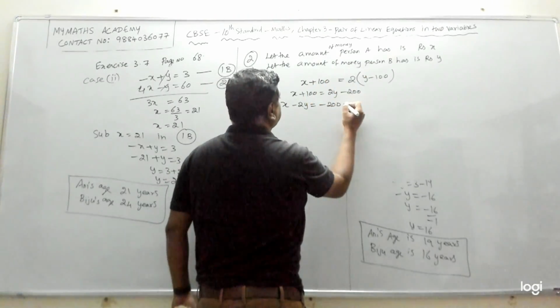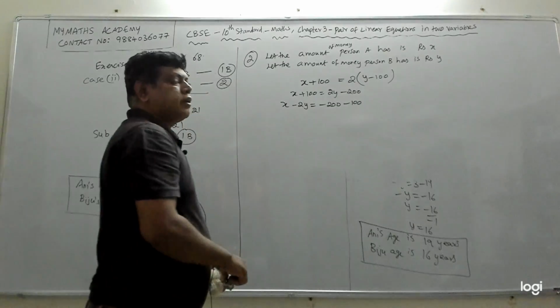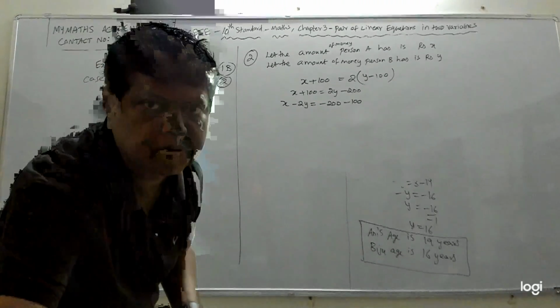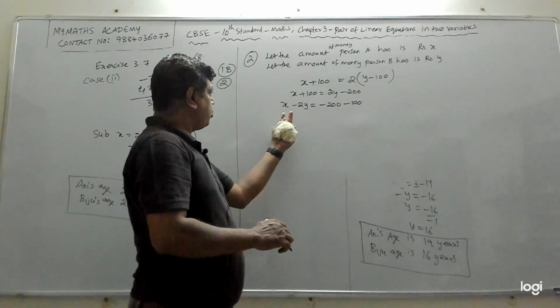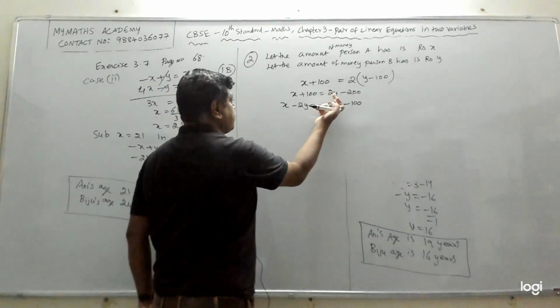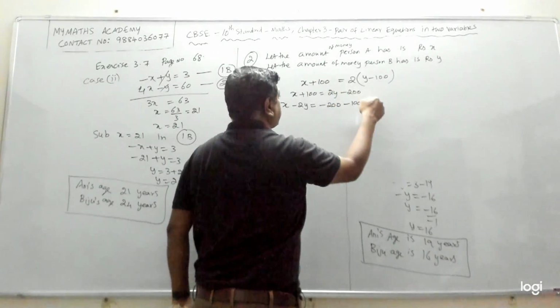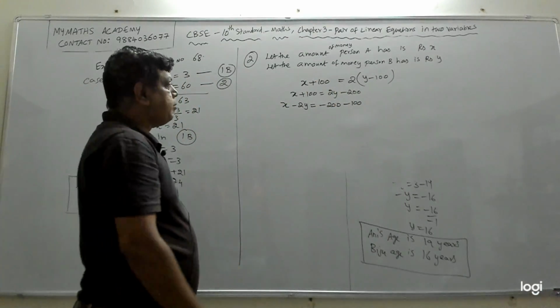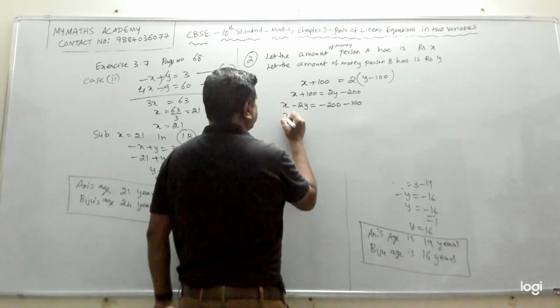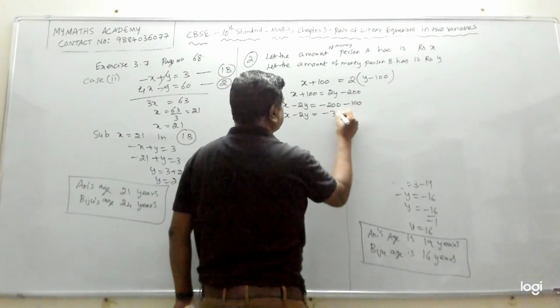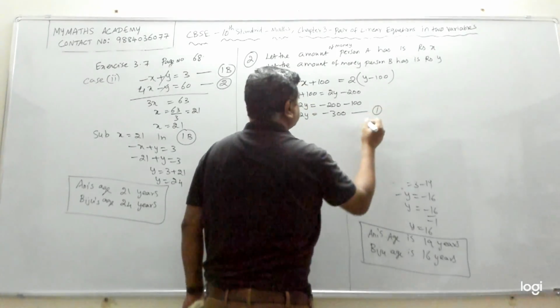This 100 goes to this side, it will become minus 100. So we will get X minus 2Y equal to minus 200 minus 100, which is minus 300. So this is equation 1.